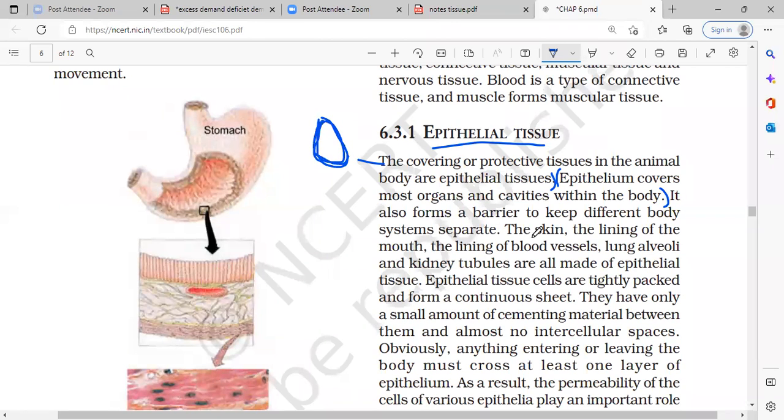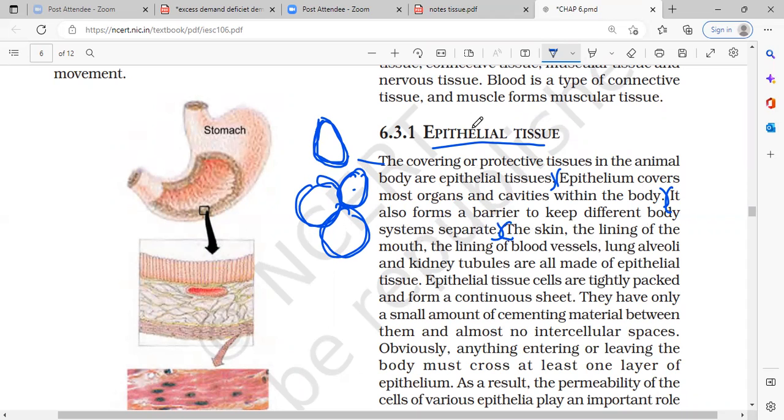Then it also forms a barrier to keep different organs separate. For example, these are the organs. How do you know there are three organs? Because you can see the boundary. Only then can you say, yes, this is organ 1, this is organ 2, and this is organ 3. So epithelial tissue also forms a barrier to keep different body systems separate.